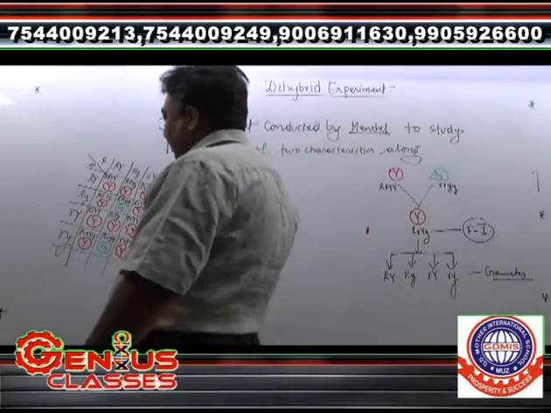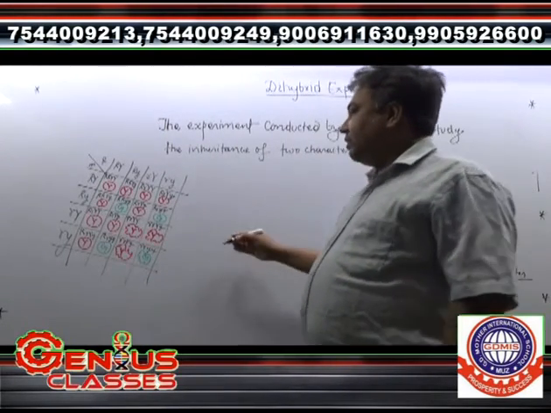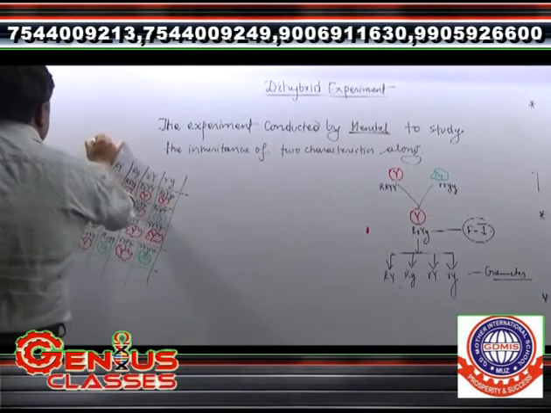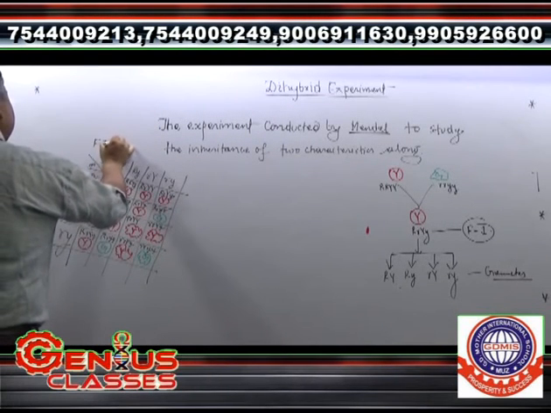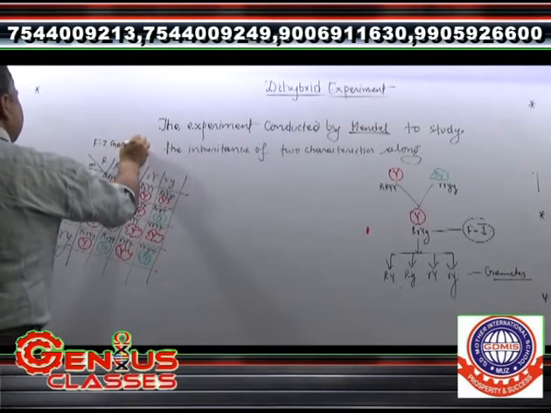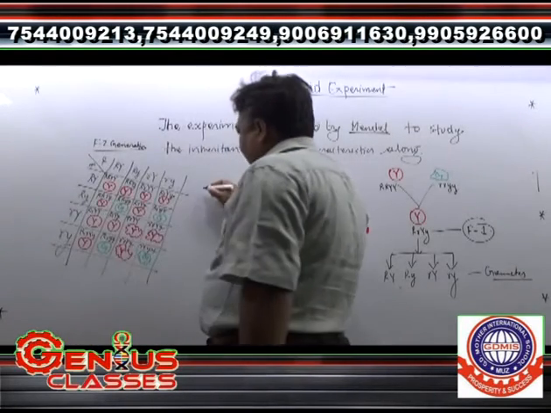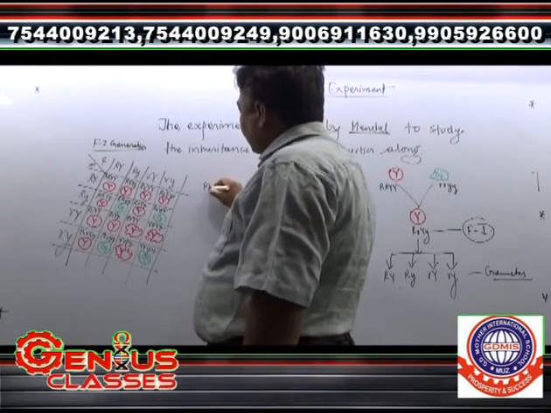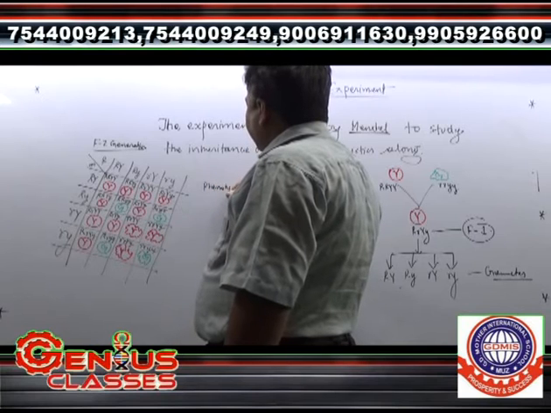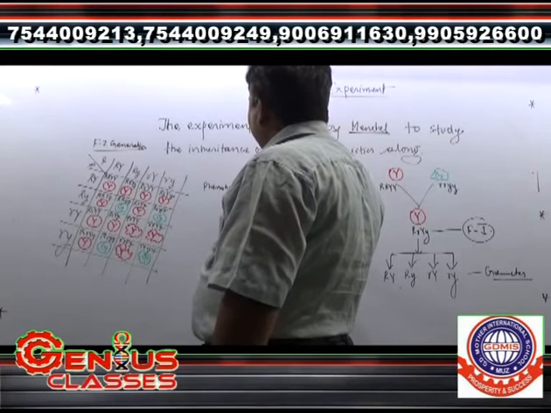And on the basis of that, in F2 generation, what is the phenotypic ratio?